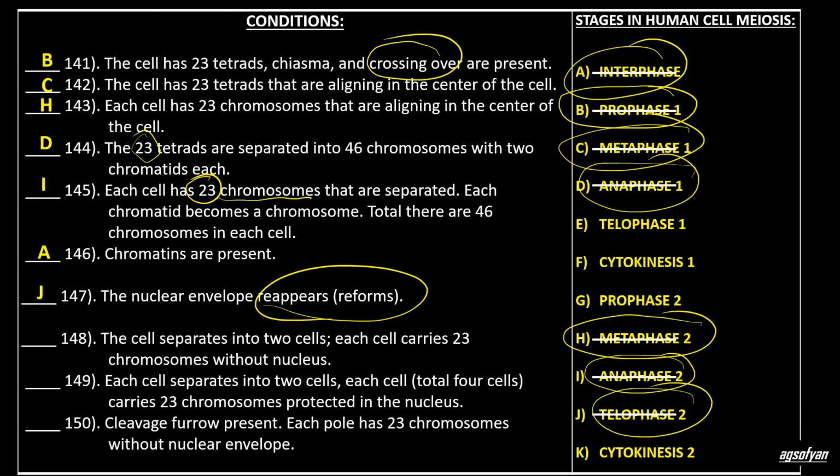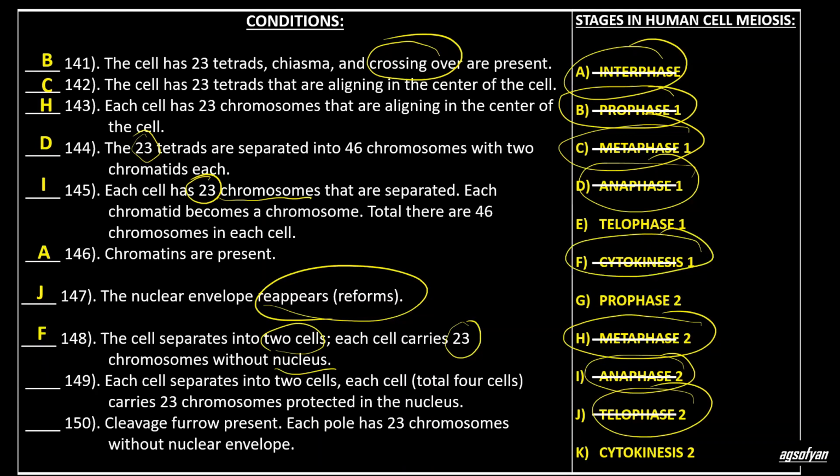The cell separates into 2 cells. Each cell carries 23 chromosomes without nucleus. So it's going to be cytokinesis, but because there is no nucleus, there will be cytokinesis 1. Each cell separates into 2 cells.